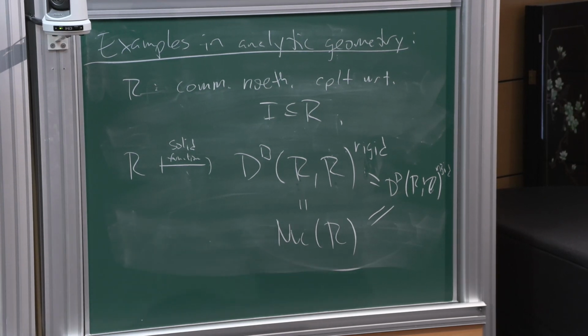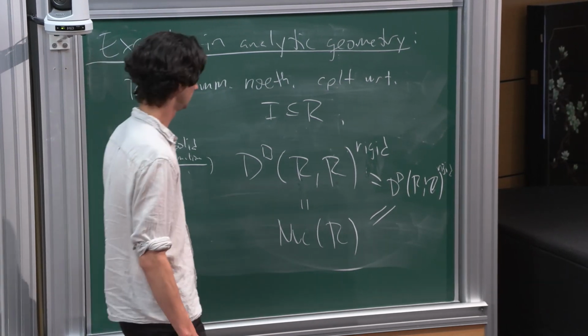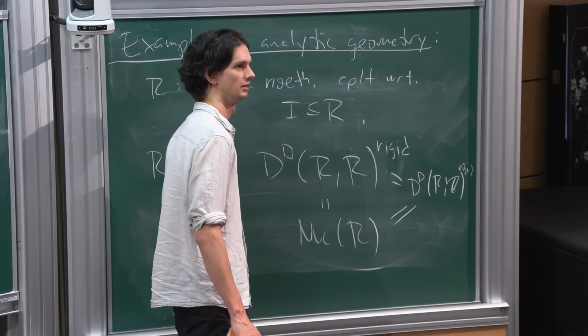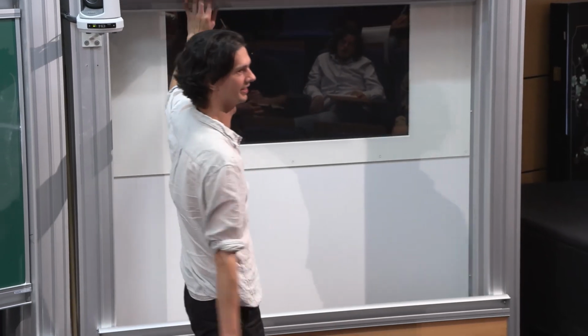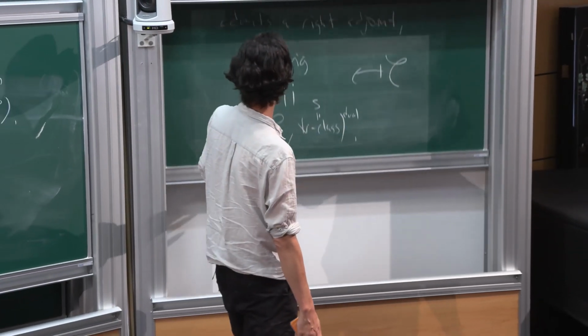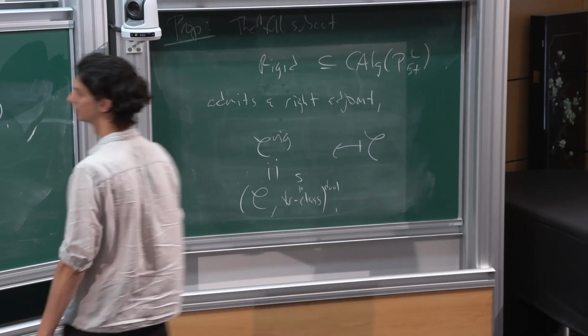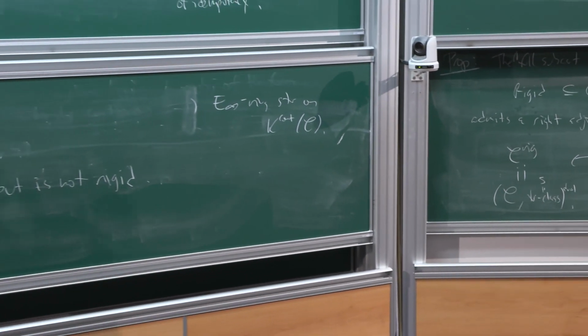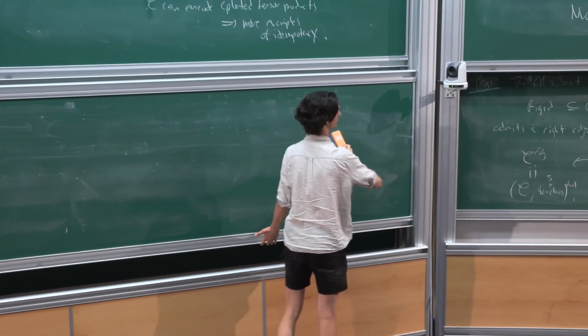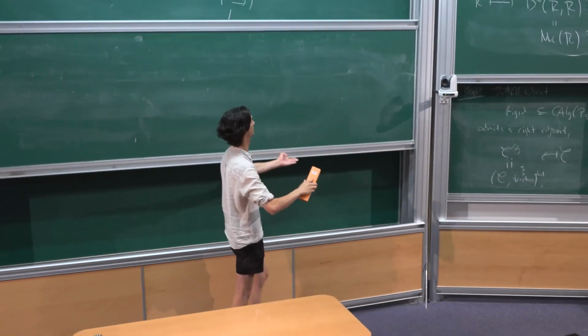Here you put Z? Yeah, I mean, you can integrally close it in R if you like. You could also put anything in between. It's always going to be the same.